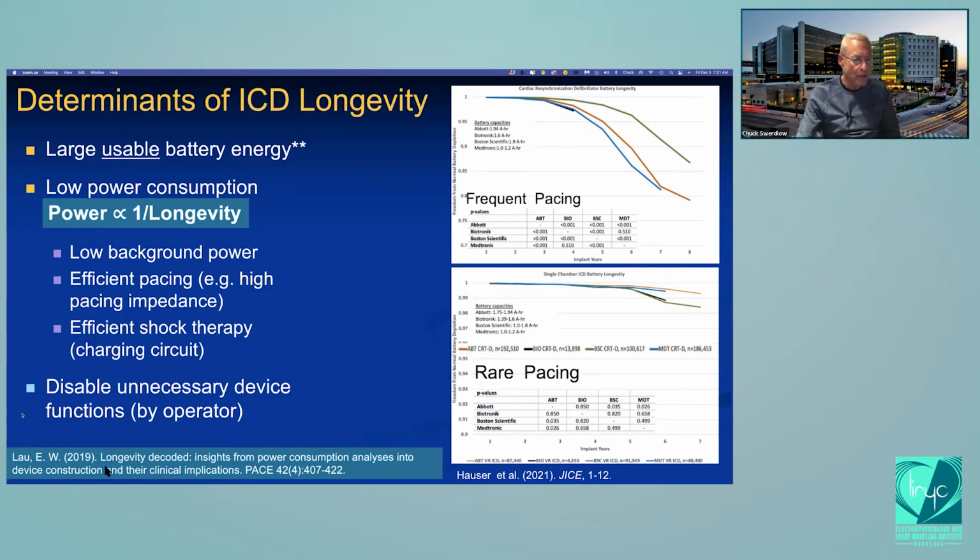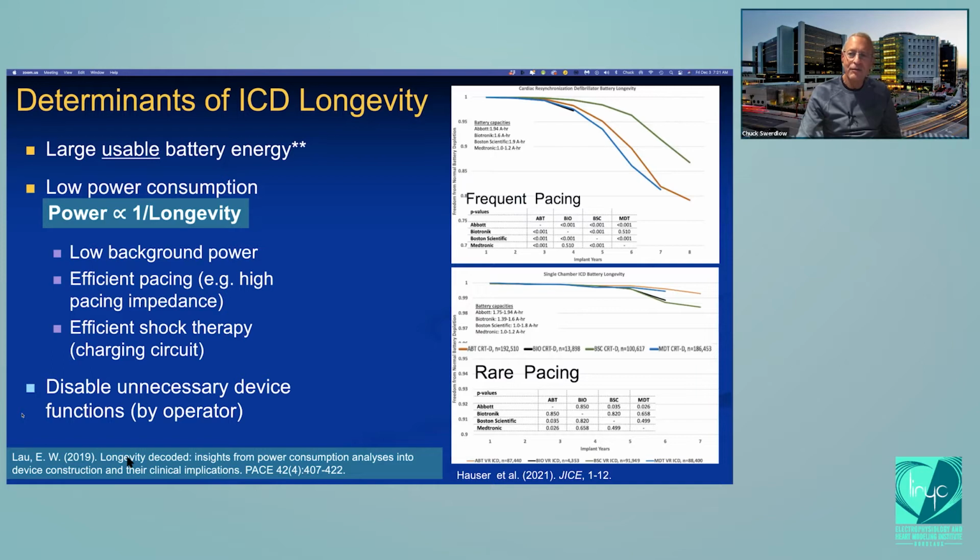I do want to recommend a brilliant paper that is hard reading, and the appendix, which has most of the math, is even harder reading, by a brilliant electrophysiologist in Belfast. If you really want to know more about longevity, Longevity Decoded: Insights from Power Consumption Analysis into Device Construction and Its Implications.